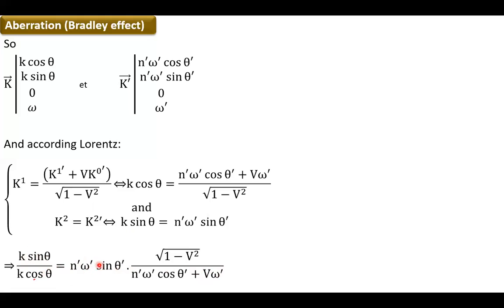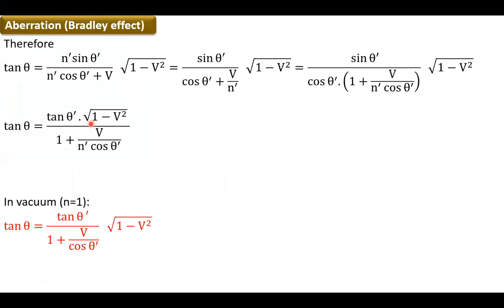Here you have an omega prime, and you can put omega prime as a common factor, so you can remove your omega prime. So you get tangent theta equal to n prime sine theta prime over n prime cosine theta prime plus v, times the radical of 1 minus v squared.